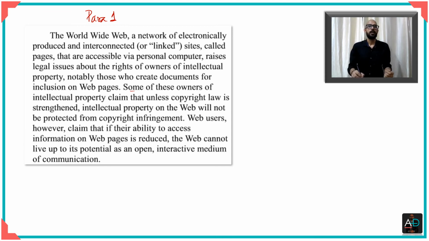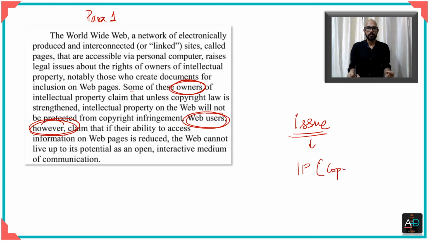Okay, so what you see here is that there's a very important word, that is however. So you can see that there are two parties here. One is the owners, okay. Then it says web users, however. So what you can see is that there was an issue. What was the issue? The issue was of intellectual property, which was basically the copyright related issue, okay.